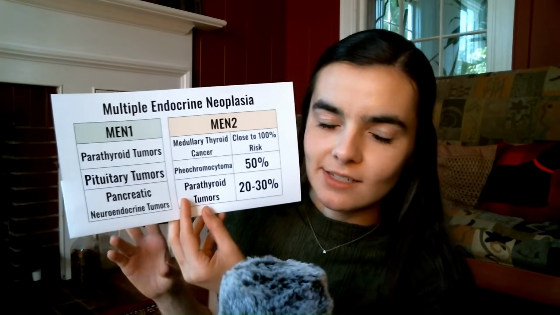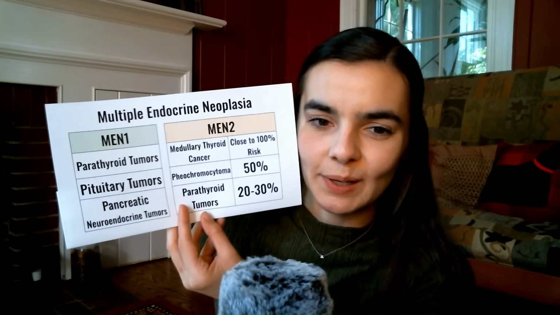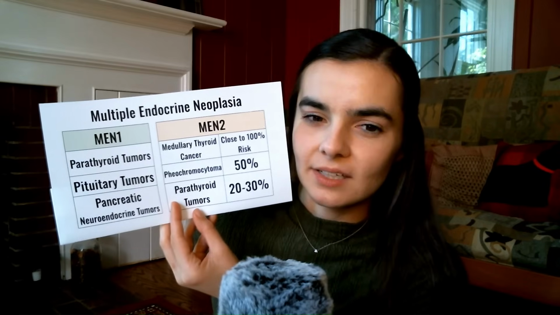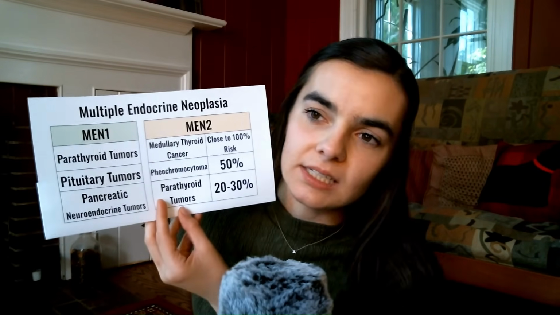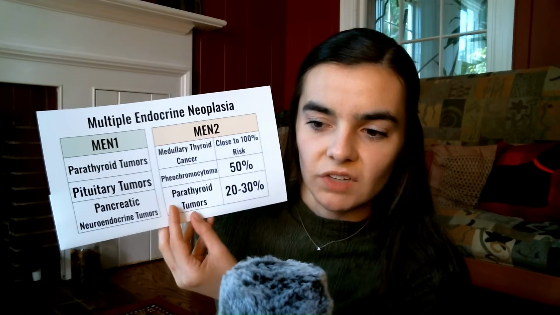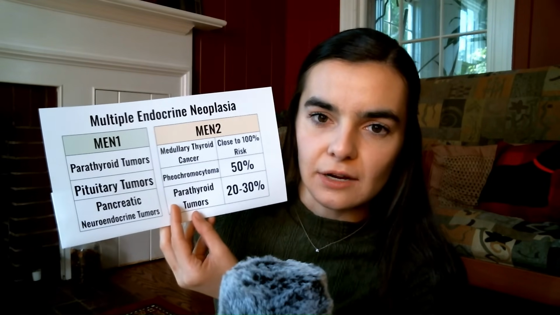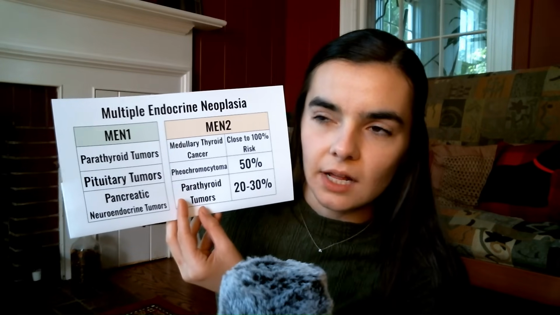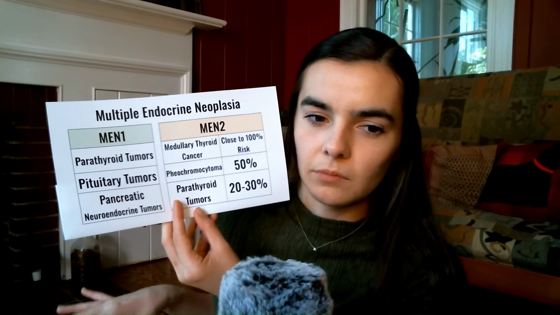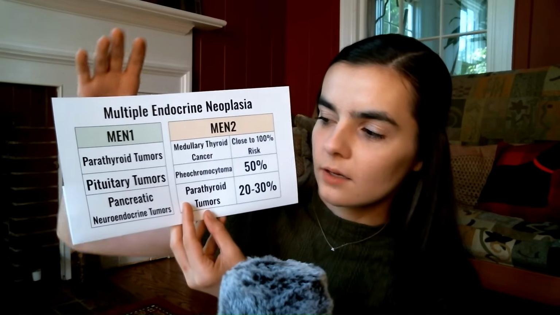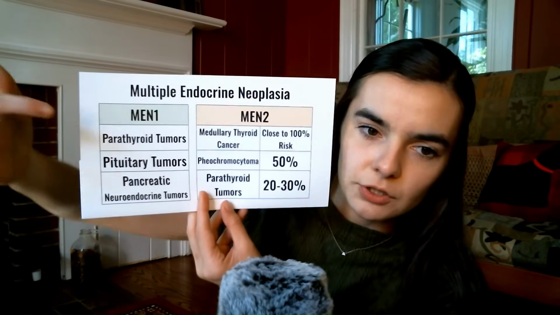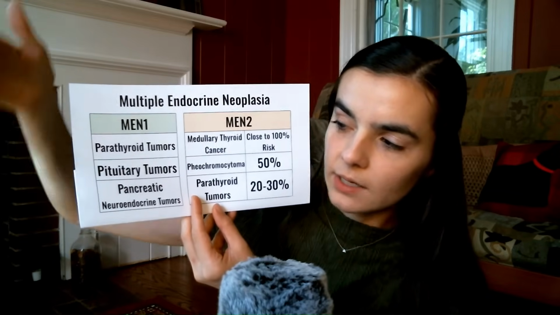But for the purposes of the 3 Ps, we say pancreatic. And these are basically just tumors in the pancreas or the gastric system that are endocrine in nature. So they're in the endocrine cells, so it's different from most pancreatic cancers. But yeah, those are the 3 main features we think about with that one.